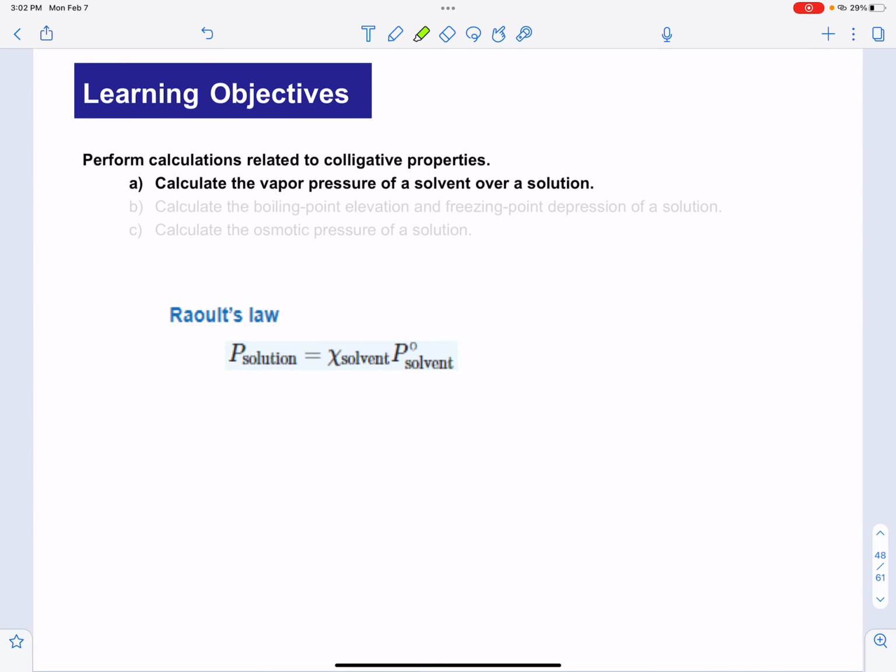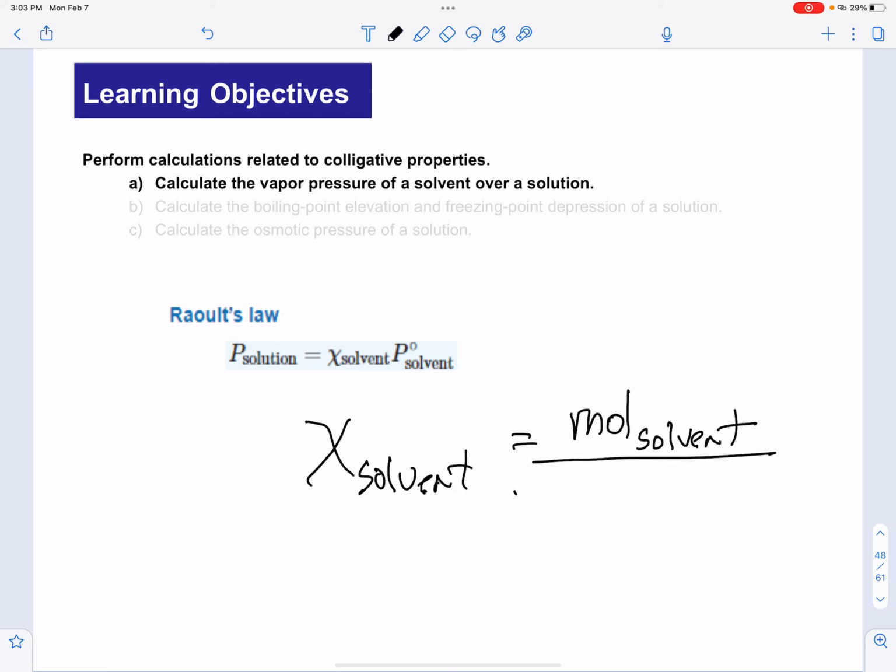Moving on. So how can we calculate it? Well, we've got Raoult's Law. It tells us that the pressure of the solution equals the mole fraction of the solvent, which is nothing more than the moles of the solvent over the moles of the solvent plus the moles of the solute.